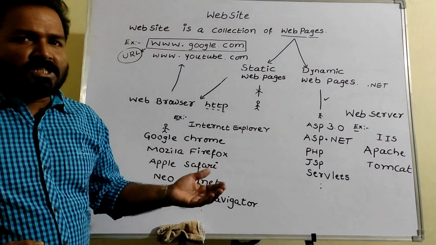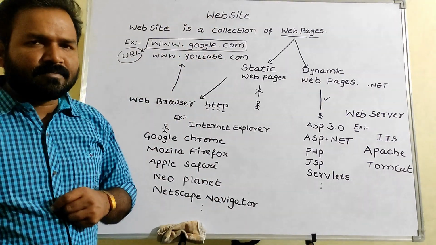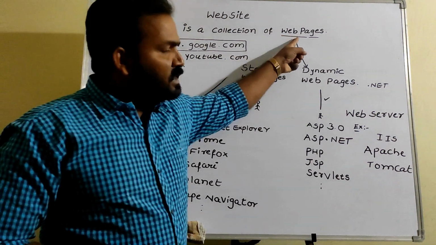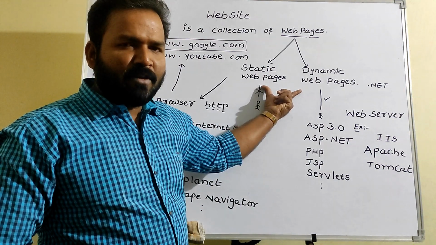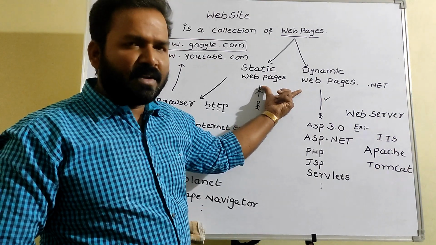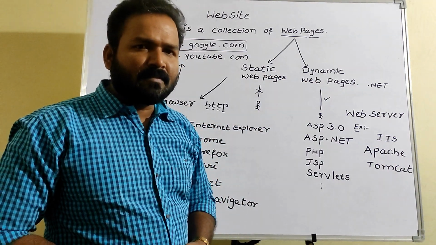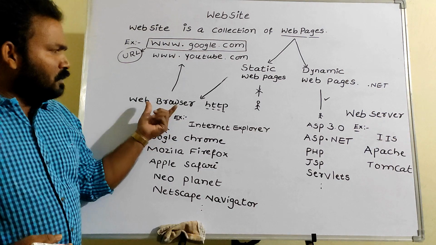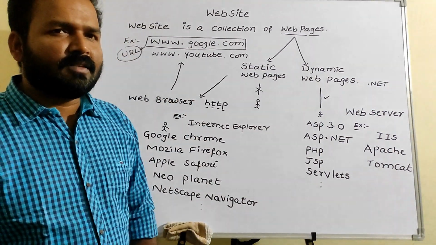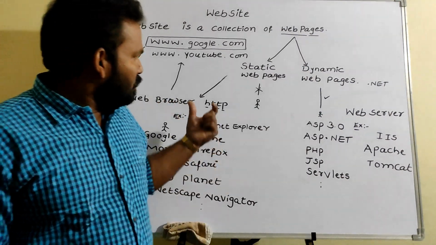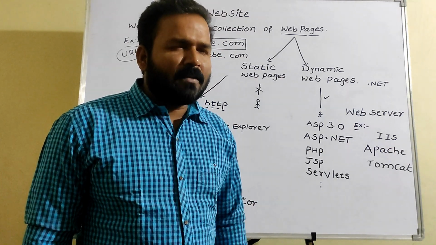In this session I covered what is website, what is a web page, types of web pages, the difference between static web pages and dynamic web pages, and what is web browser and web server.